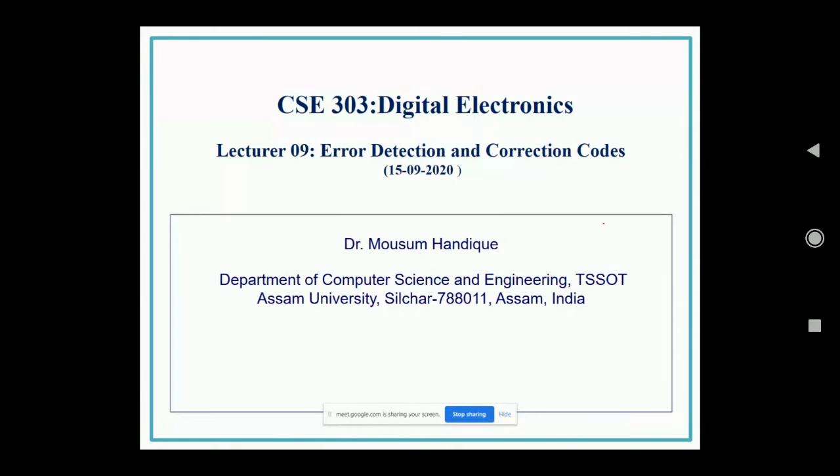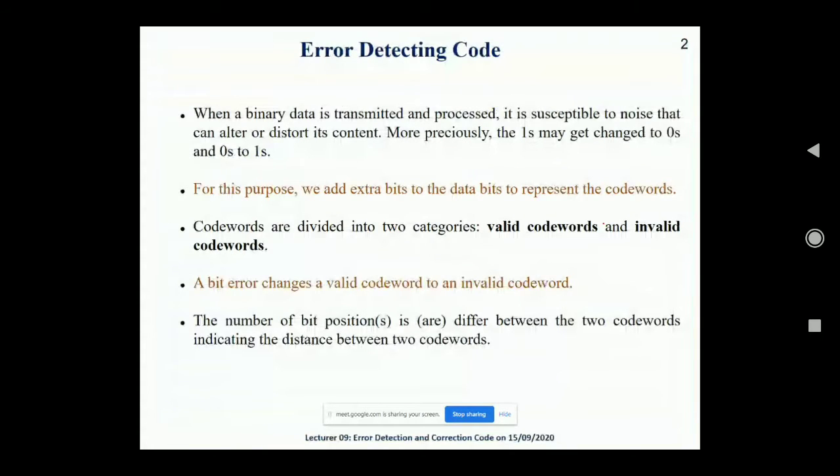When we know the error, we can find out at which particular location the error occurs, and after that we can correct the code. So when we talk about error detection and correction code, you always know the detection comes first, and after that the correction. In the second slide, we are discussing what an error detecting code is.